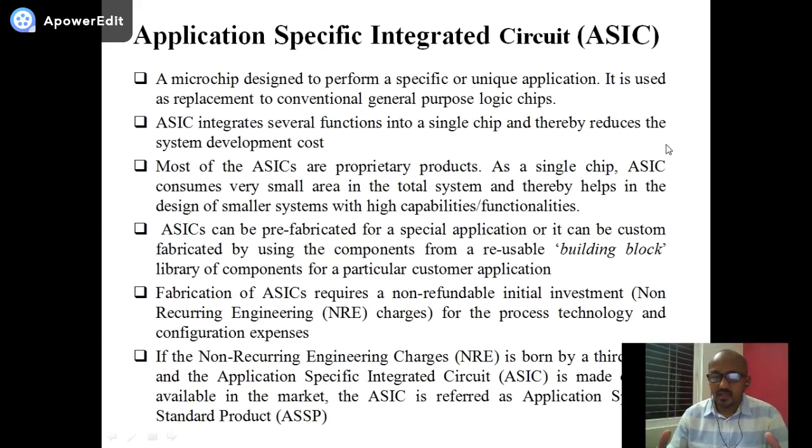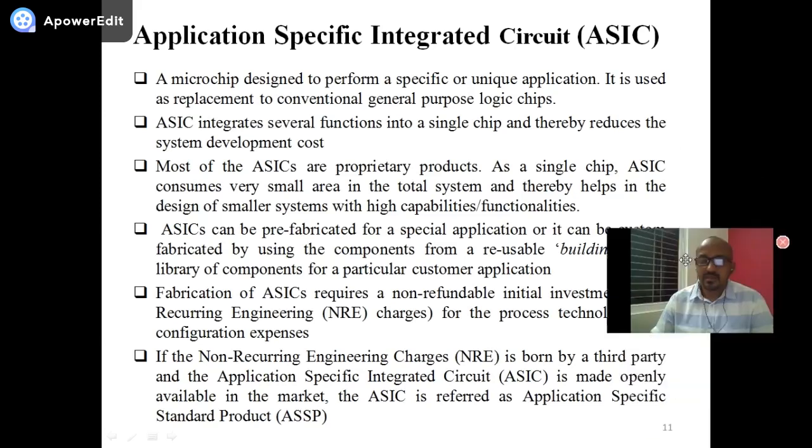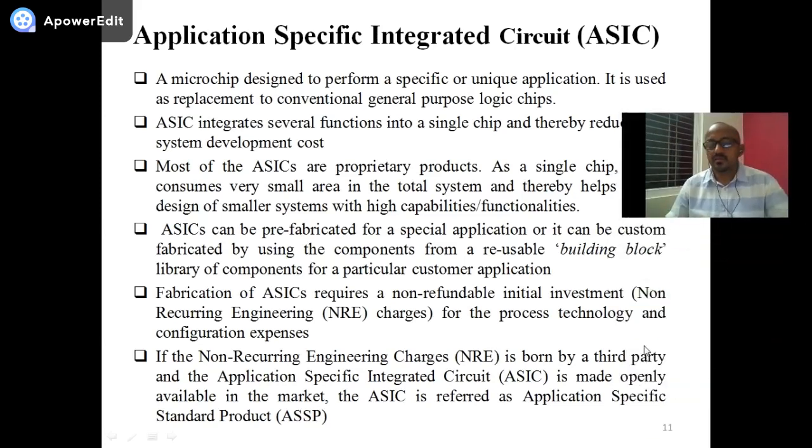The total engineering cost, the non-recurring engineering cost for the fabrication of an ASIC, will be more, and the non-recurring engineering cost is borne by a third party, and the application specific ICs are made openly available in the market.